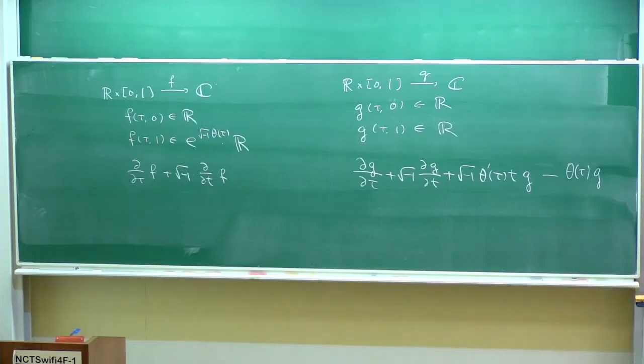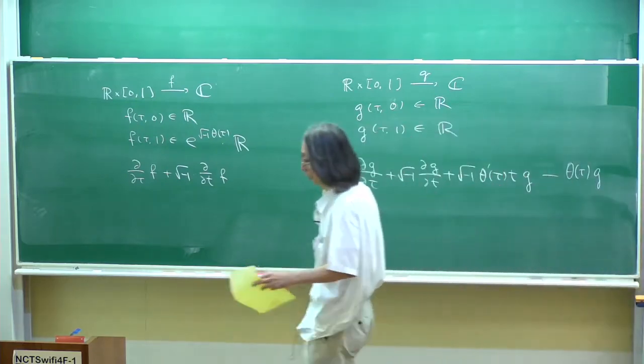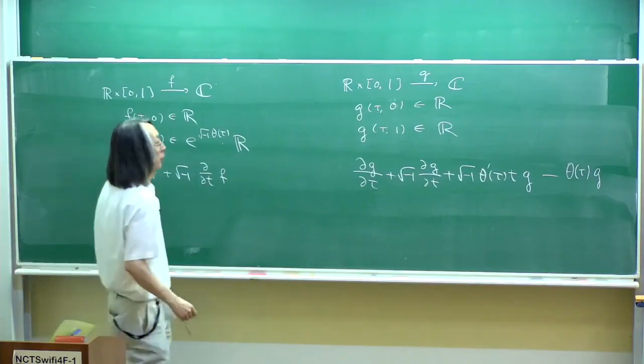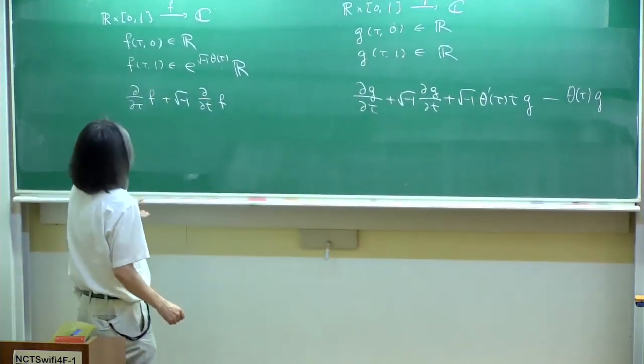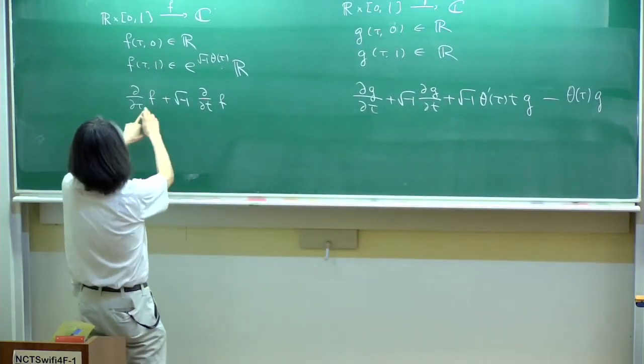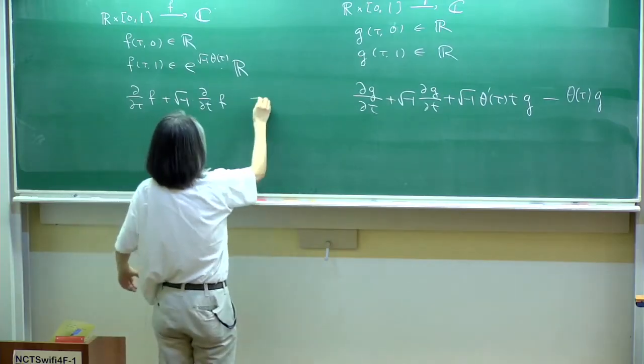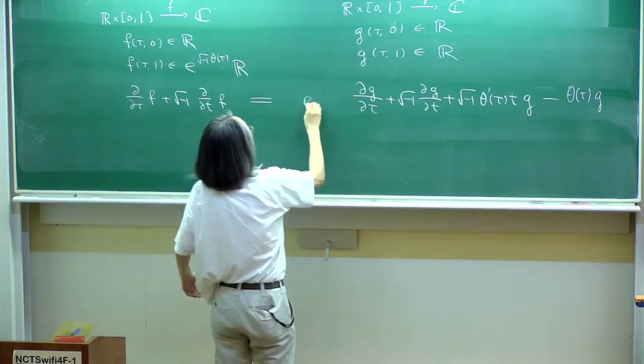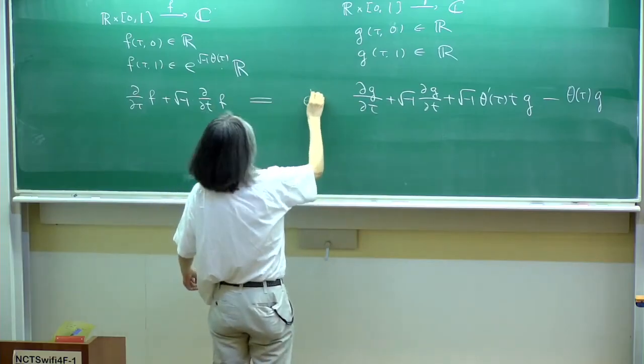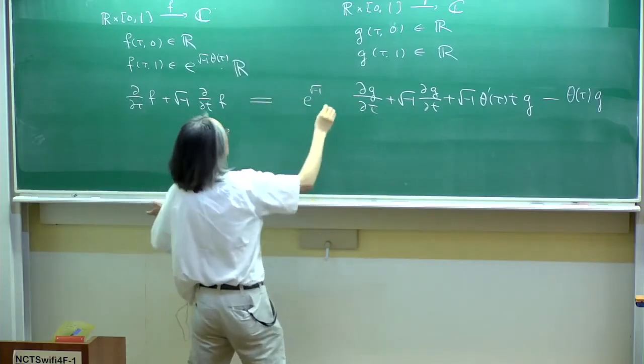Last time, in my note I had a minus sign, but on the blackboard I had a plus sign, so I was a bit confused because my computation was somehow not correct. What I'm saying is just to write this one, and then this one is equal to e to the, sorry, okay.